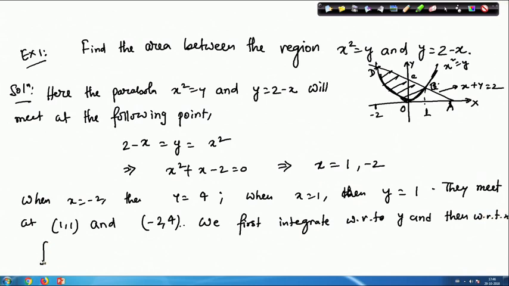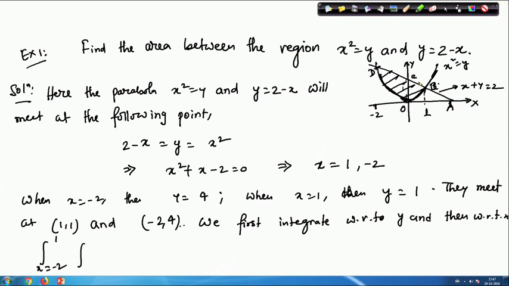If we integrate with respect to x later, then x will vary from minus 2 to 1. So for these two curves, x is varying from minus 2 to 1. All right, so that's the range for x, and y is varying between these two curves.